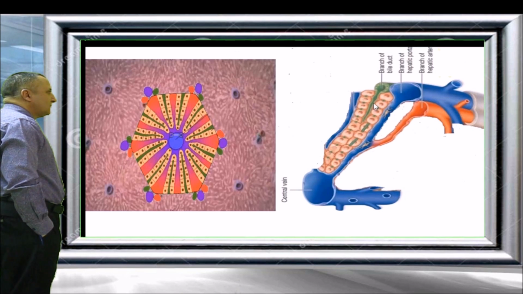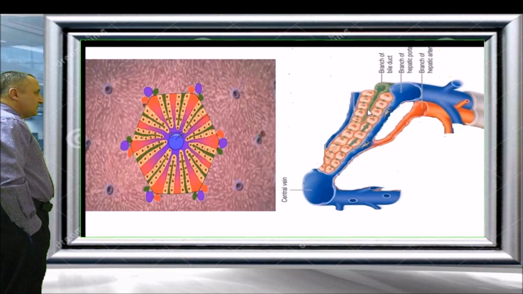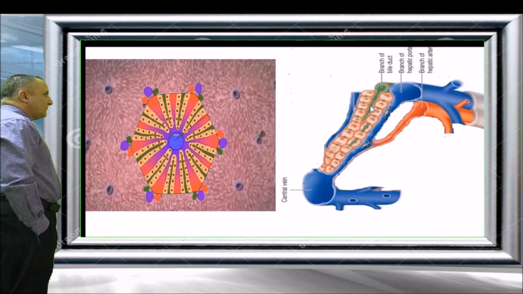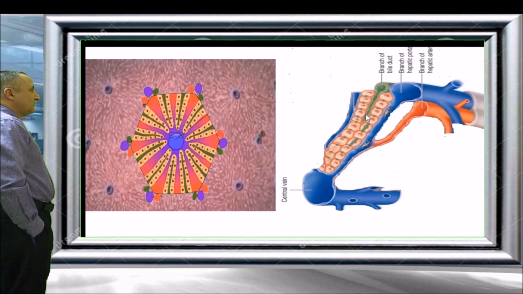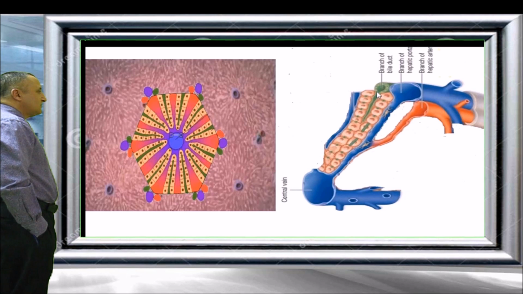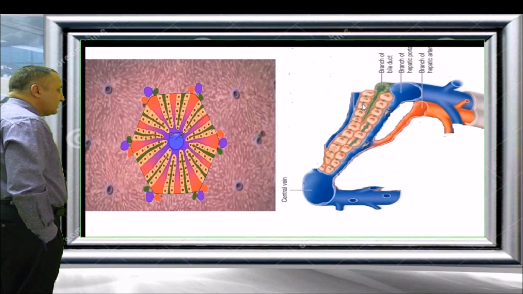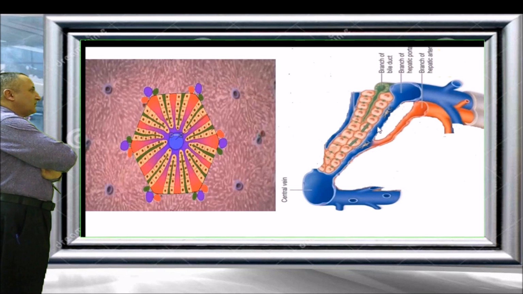In between these cells is the bile canaliculi. This is not the bile ductule, but this here is the bile canaliculi. The bile is poured by the hepatocytes into the bile canaliculi, and then the bile canaliculi is connected to the bile ductule. And we also see here that on either side of these cellular plates there are sinusoids.